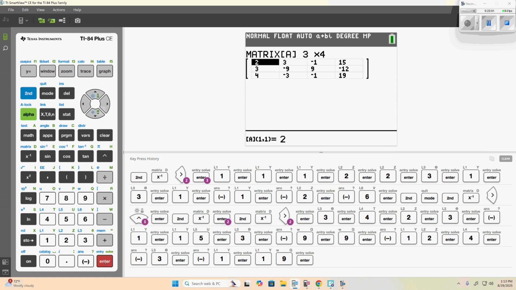So over to edit. Fit into the first one, 3 by 4. Yep. And then I hit enter after each number, because enter works very nicely with these, since it'll immediately move you to the next spot.